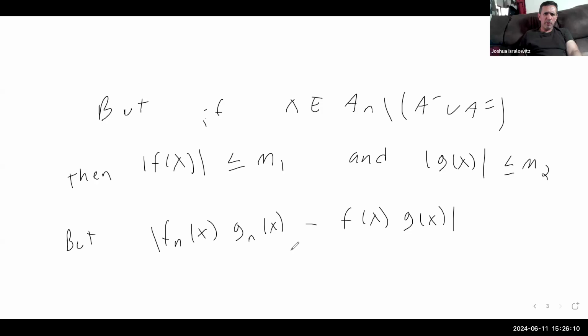So typically you add and subtract Fn g of x or f of x gn of x, doesn't matter. So add and subtract this. We're going to run into what would look like a problem. It's really not.